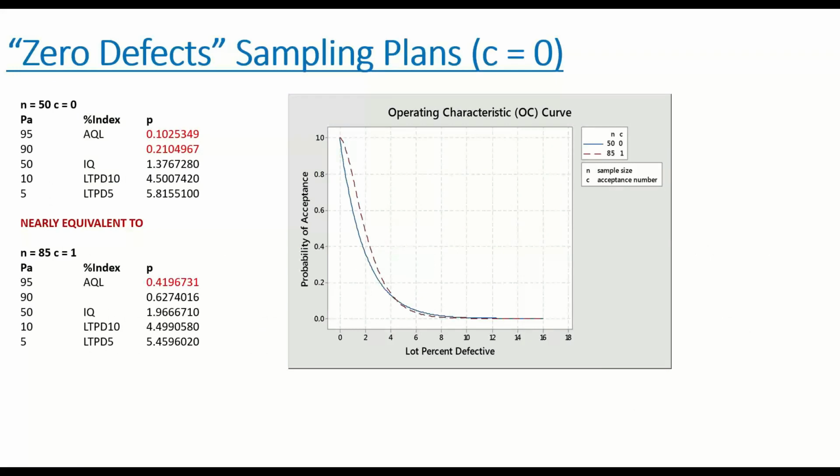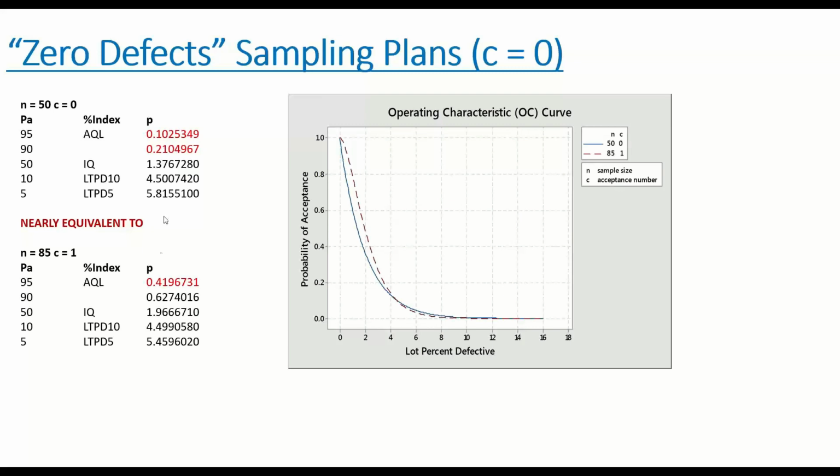So here we can see that the C equals 0 plan is very similar to a C equals 1 plan for a similar LTPD, but the C equals 1 plan allows for a higher AQL. Okay, so see this, the P for the probability of acceptance. Here's at 95. Okay, here's our AQL, and here's our probability right here.